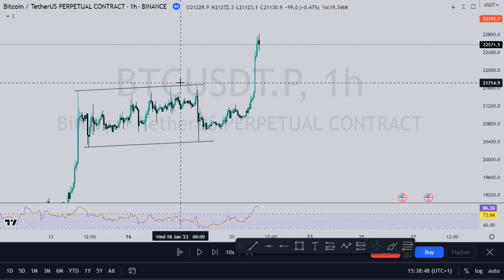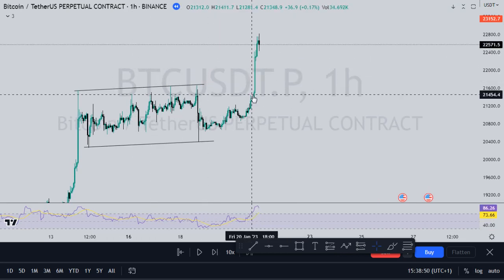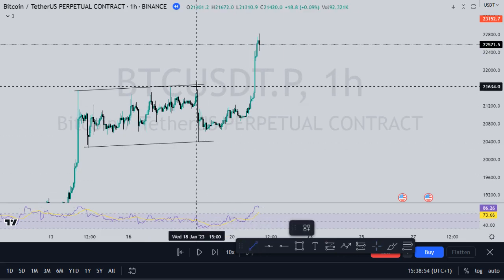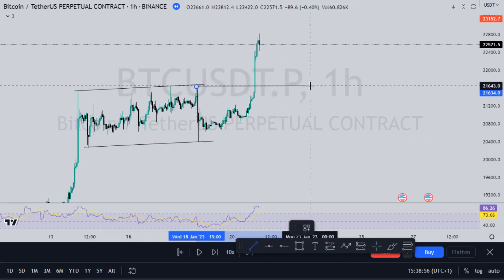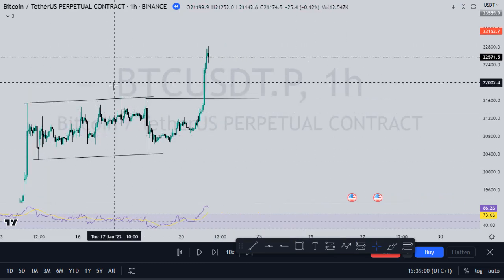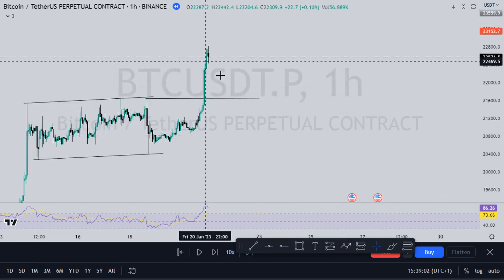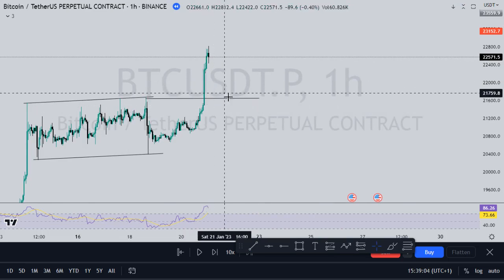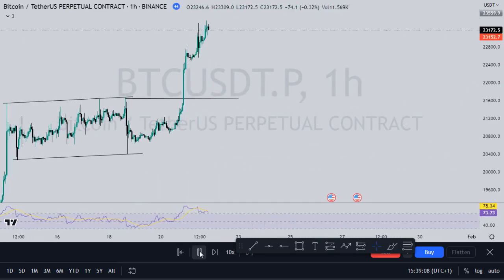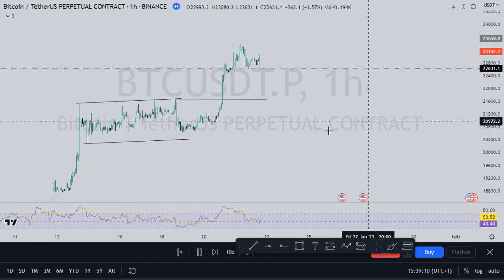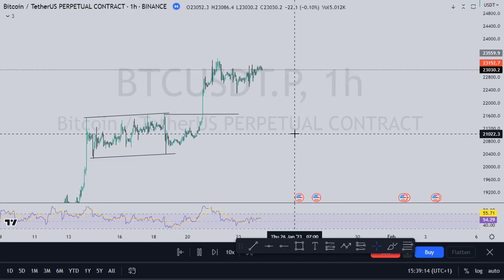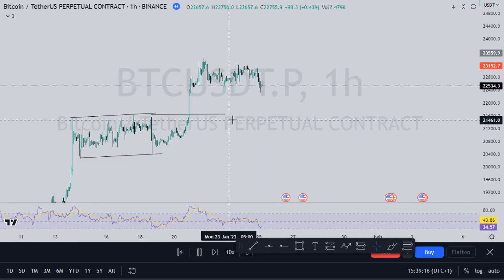See, price broke out right here. That means we are going to take this place as our new support level, and we will be buying around here. As our channel has been broken out, all we need to do is wait for price to retrace to this level so that we can take a buy. That is simply how you recognize trends with a channel.